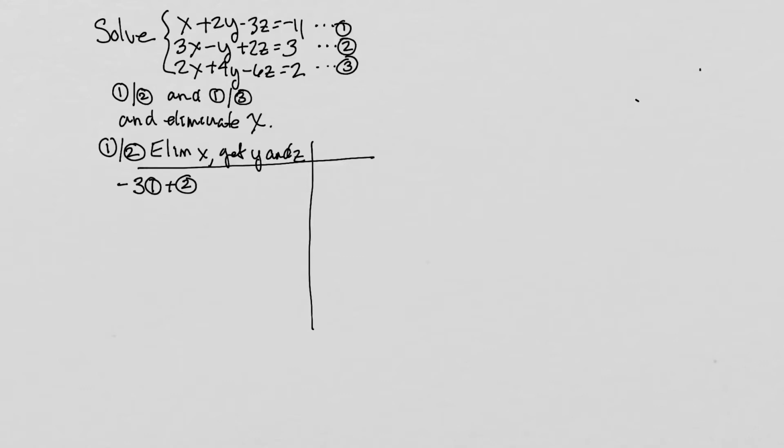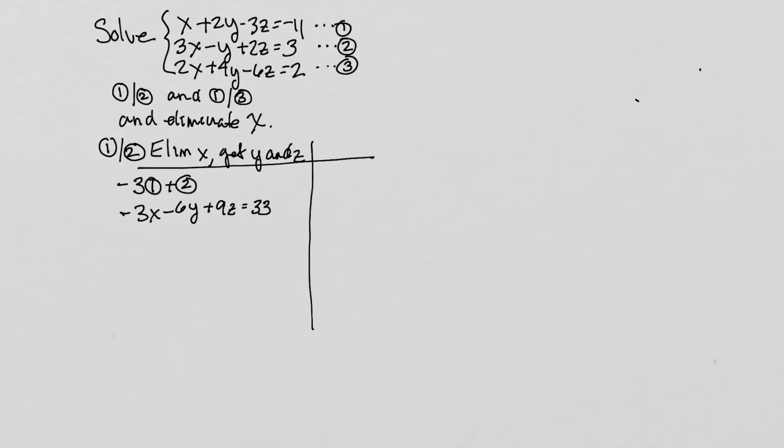That'll look like this. So let's pass a -3 through this first equation. Multiply everything in here by -3. So that'll give us -3x minus 6y plus 9z equals positive 33.